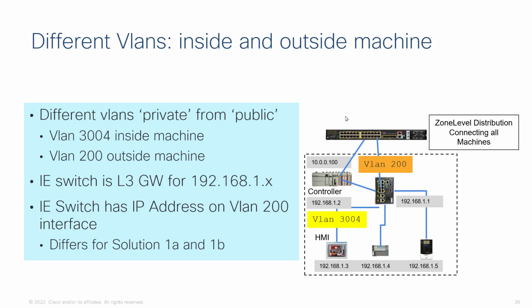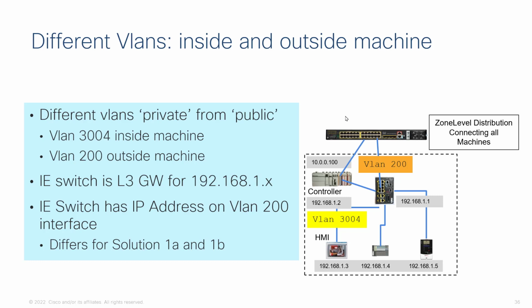Now in this solution, the gateway for the internal machine is the IE switch itself. So it is the gateway for all the devices, and specifically for our HMI device, which needs to communicate outside the machine, it's going to use that gateway, and we're going to show that here in a second.